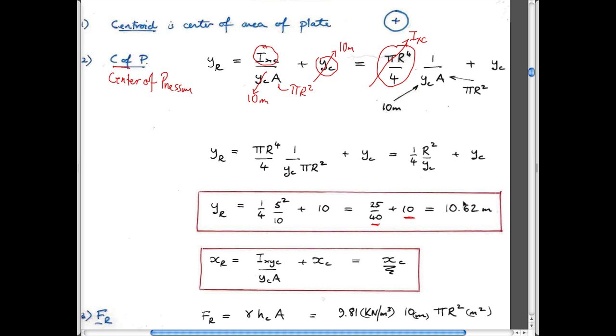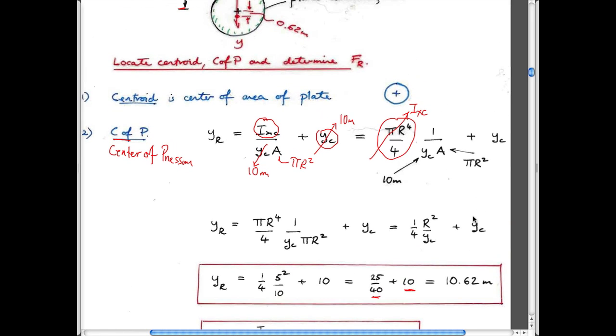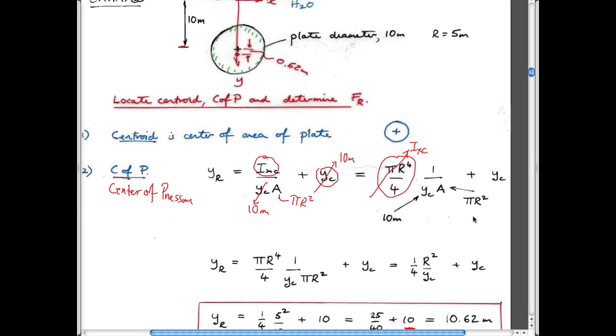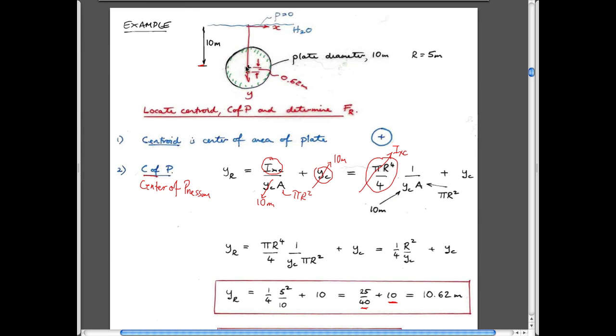And the offset is 0.62 meters. That's it. Always works. So you know that the center of pressure in this particular case is 10.62 meters down from the top. So what, you say?